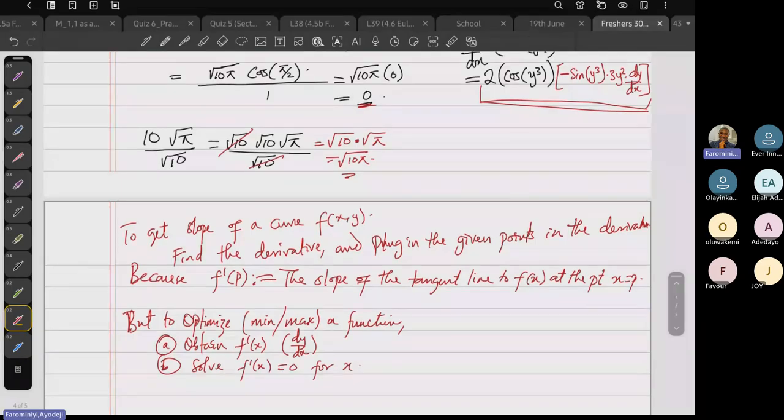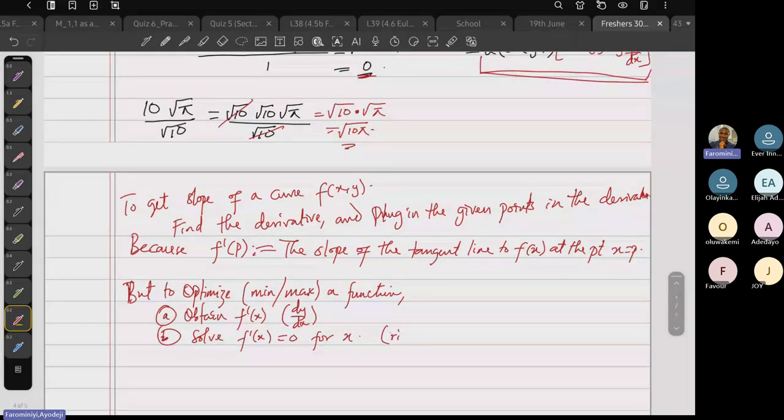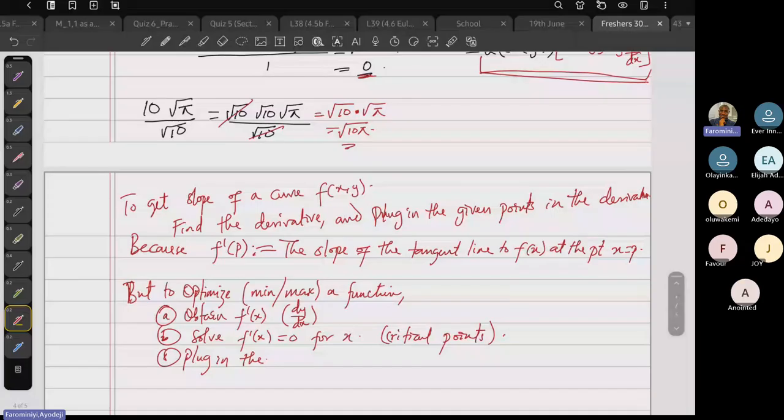This gives the critical points. Then you plug the critical points, this obtained x, into the original function, not into f prime of x.